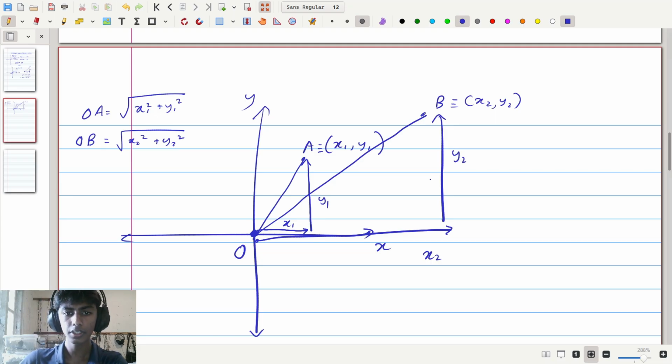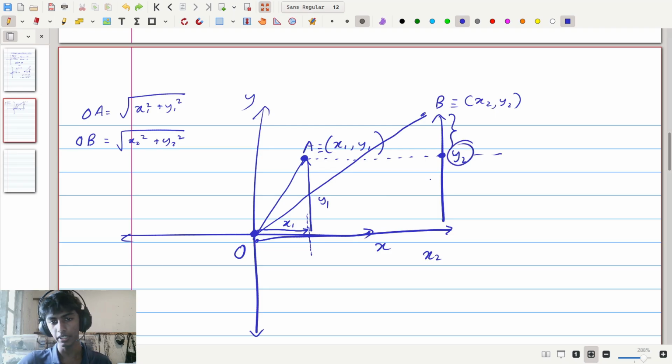Now consider this. If I draw this horizontal line like this, and I draw another vertical line like this, it's not really all that necessary because the two of these are right next to each other, but here you can see going from A to B vertically, I have to go an extra certain distance. This distance is the difference of y2 and y1.